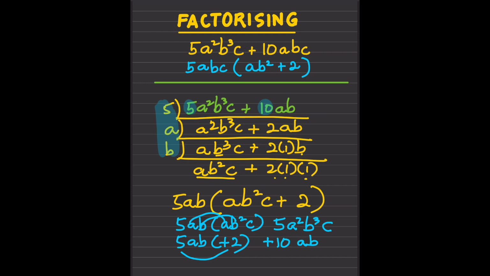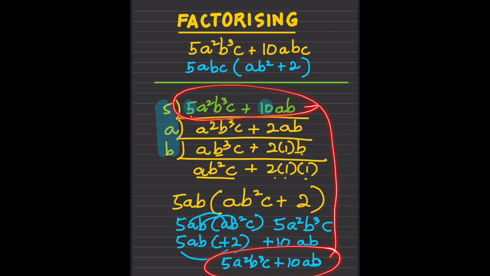Put it together, we have 5a squared b to the third c plus 10ab. Did we do it right? Did we get the same thing? Yes. 5a squared b to the third c, plus 10ab.